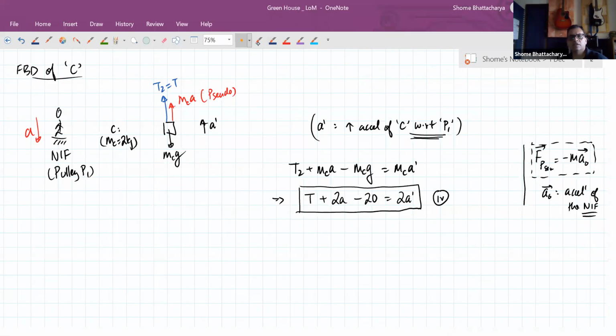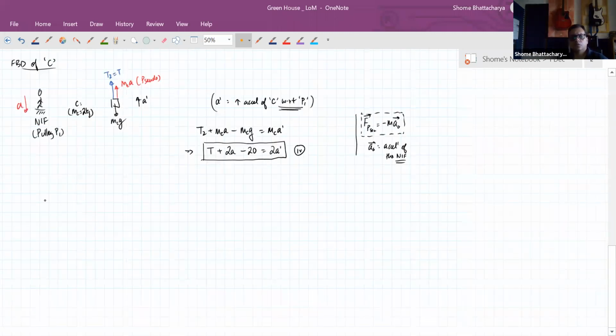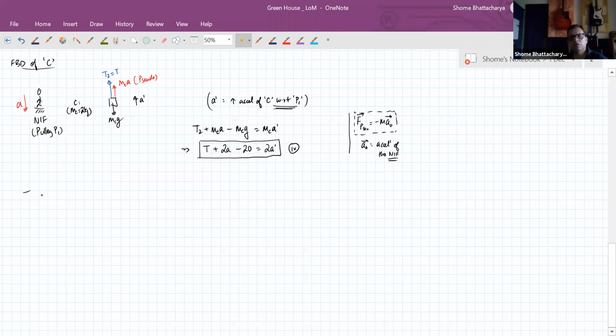Okay. So now let's get down to solving the equations. T1 is equal to 2T2. I have already made use of this equation. I have taken T2 as T and T1 as 2T. So that's made use of. Okay. Now the second equation was that 2T was equal to 5A.